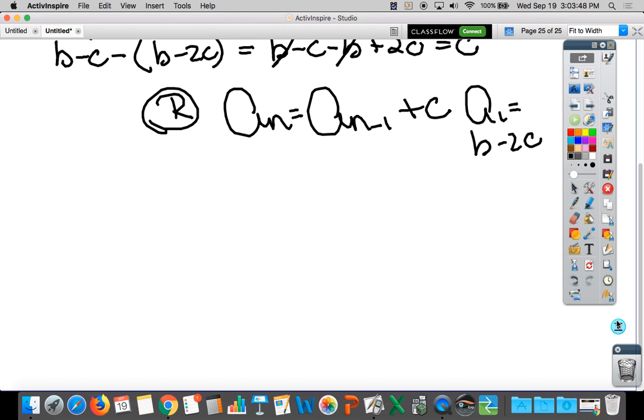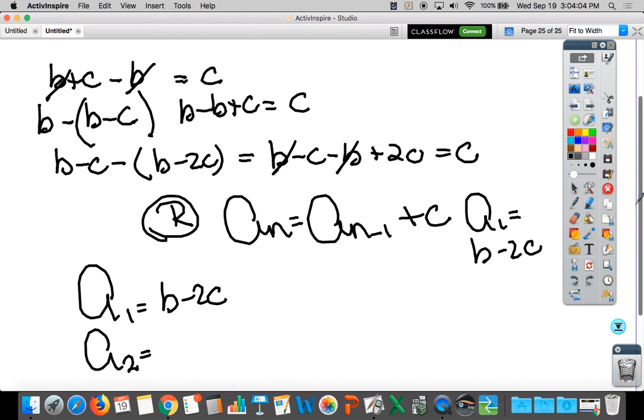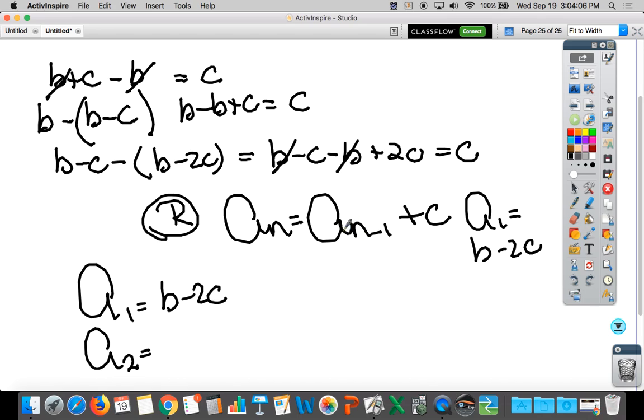When I want to find, I've got my first term, right? A sub 1. So now I want to find A sub 2. So 2 is now my n. So A sub 2 minus 1 gives me A sub 1, which was plus C. So now my second term is that.